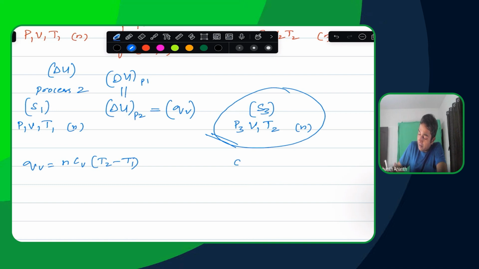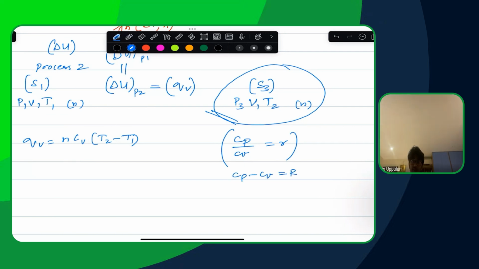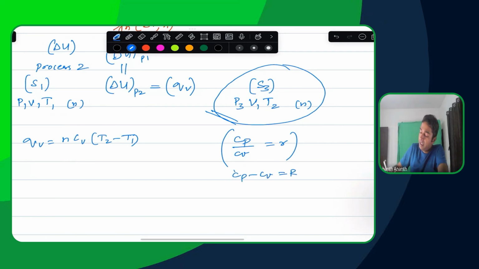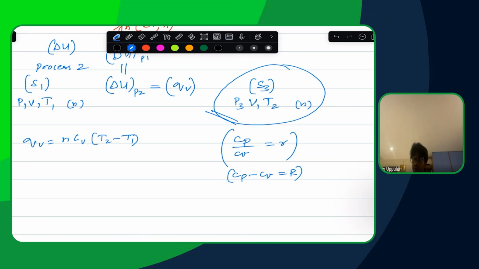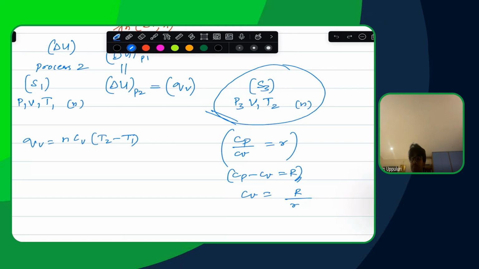Yeah. Cv is what? For a gas, we will effectively get Cp by Cv as a new term called gamma. I'm assuming this is familiar to you? Yes. Another relationship between Cp and Cv is Cp minus Cv equals R. We'll derive this in the next session when we discuss the delta H and delta U link, but I'm assuming this is familiar to you. So substituting that, Cv will work out as R by gamma minus 1.